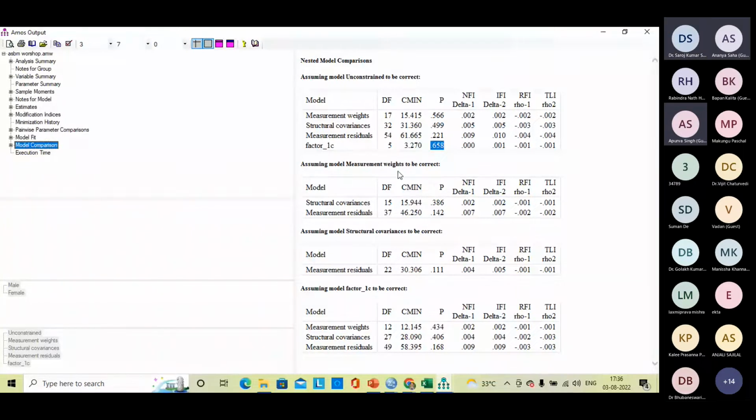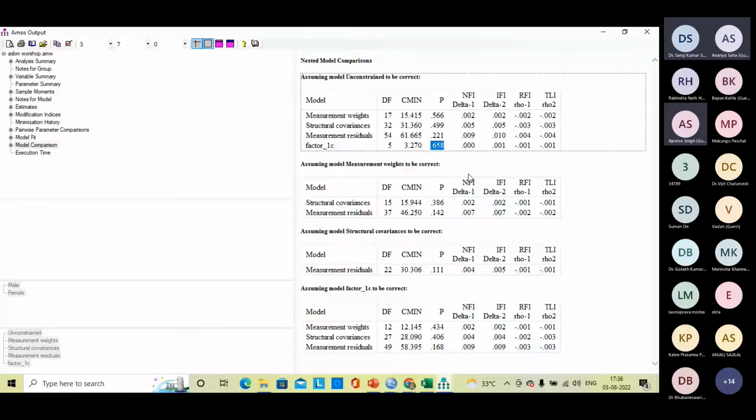Look at what it has written: assuming the model unconstrained to be correct. This is also saying that if you go by one factor, compelling it to be equal for male and female, the rest of the 4 factors out of the 5 are also not significantly differing over male and female.